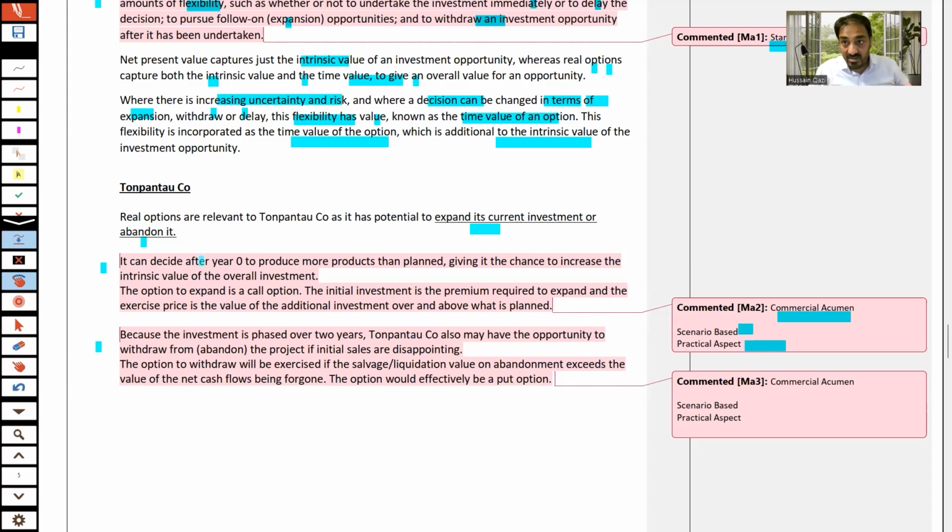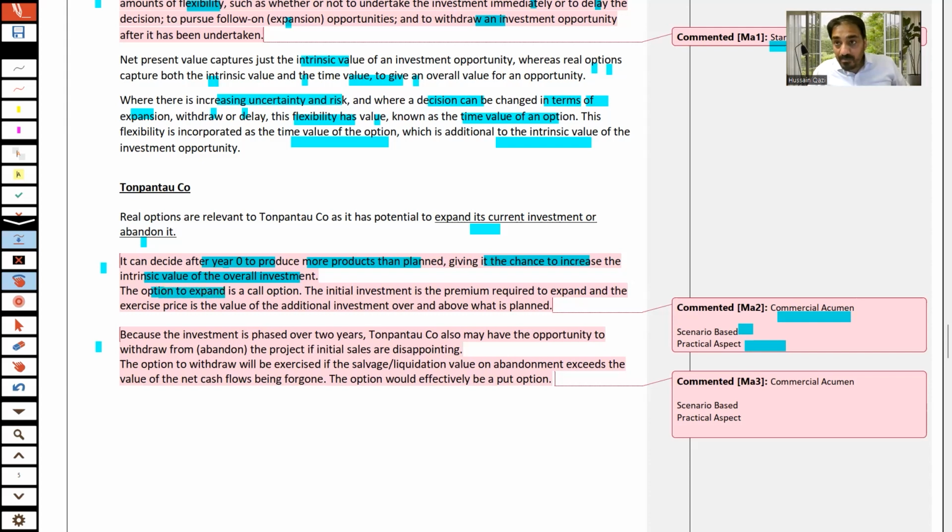Now it's time for the application. Tonpantau can decide after year 0 to produce more product than planned. That is phase-wise, giving a chance to increase. This planning for expansion, or option for expansion, adds to the intrinsic value of the investment, the traditional NPV method value.